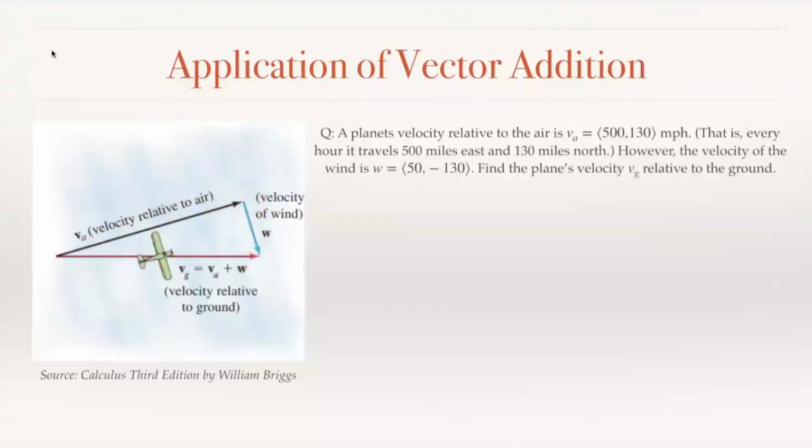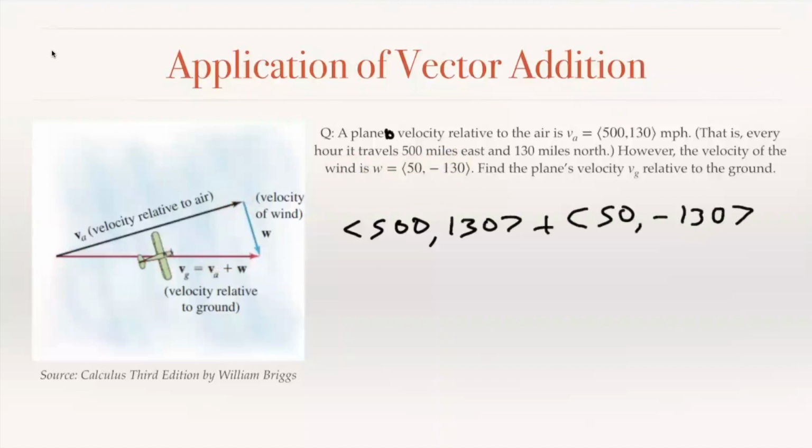In this case, if the plane velocity relative to the air is (500, 130), which means that for every hour it travels 500 miles east, then it travels 130 miles north, and that's in the absence of any wind, and the velocity of the wind is (50, -130), then the plane's ultimate velocity is adding together the two x coordinates: 500 plus 50 is 550, and 130 plus negative 130 is 0.